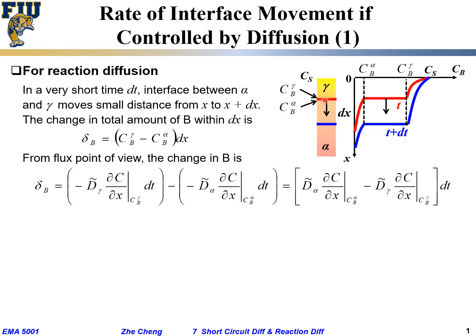So kind of like we are considering this part. Some are flowing in, some are flowing out. I'm just doing the subtraction of flowing in minus flowing out. Make sense? Flowing in, the B would diffuse from gamma into alpha, and then from alpha, of course, now it's kind of like further away.